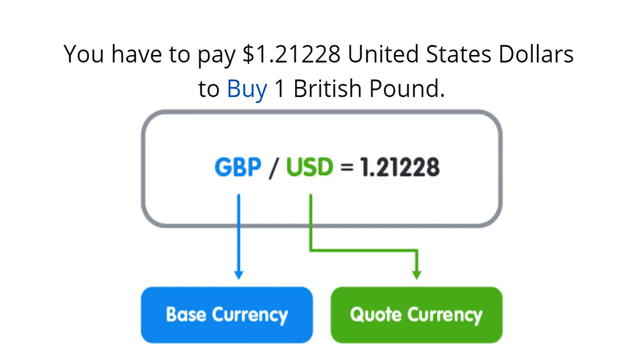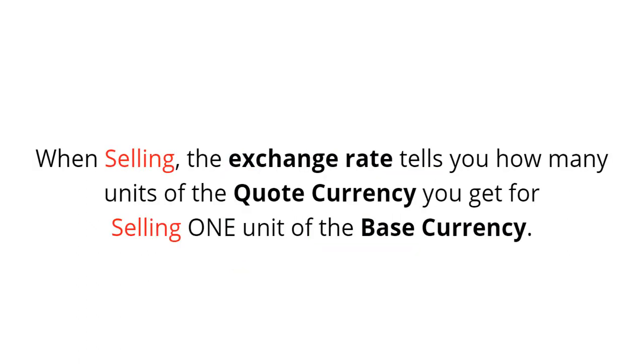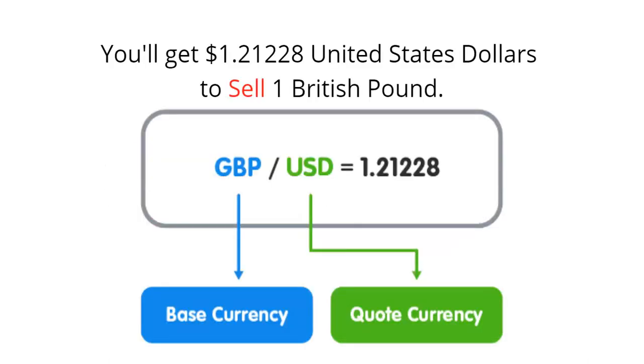So when selling, the exchange rate tells you how many units of the quote currency you get for selling 1 unit of the base currency. Same thing. You'll get $1.21 United States dollars to sell 1 British pound.